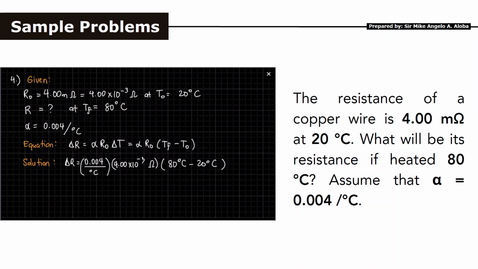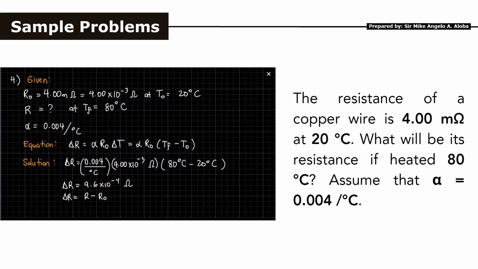Substituting what we have, you get this as your alpha, the resistance from here, final 80 minus initial 20. Plugging it in your calculator, you will get delta R equal to 9.6 times 10 raised to negative 4 ohms.